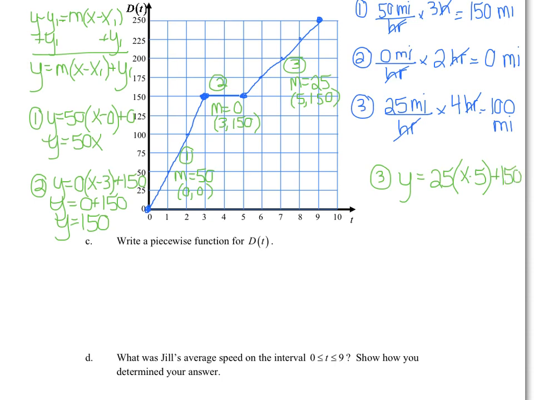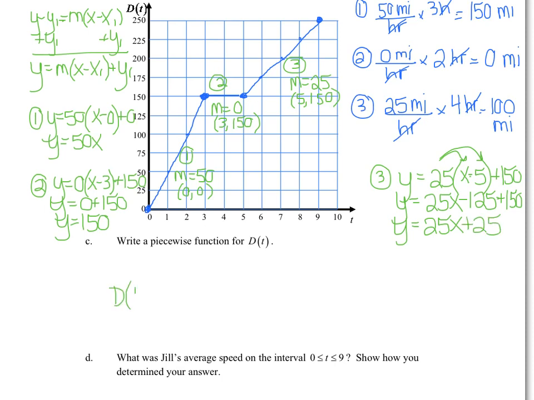Now, I believe it's acceptable to keep your answer like this, but I like to simplify my answers. So I'm going to do the distributive property and write 25x, and 25 times negative 5 is negative 125, plus 150. So y is going to equal 25x, and then negative 125 plus 150 is positive 25.